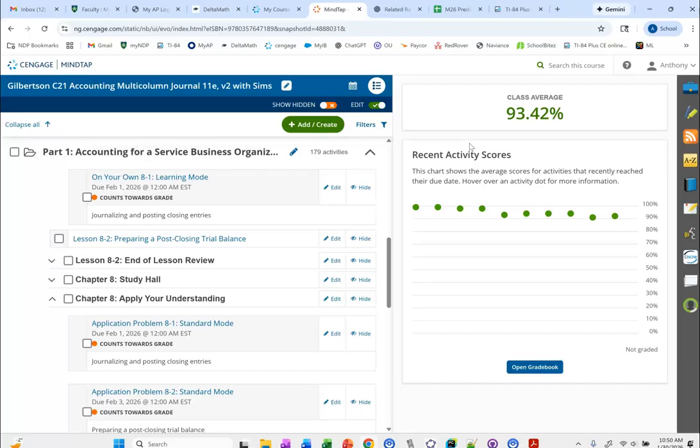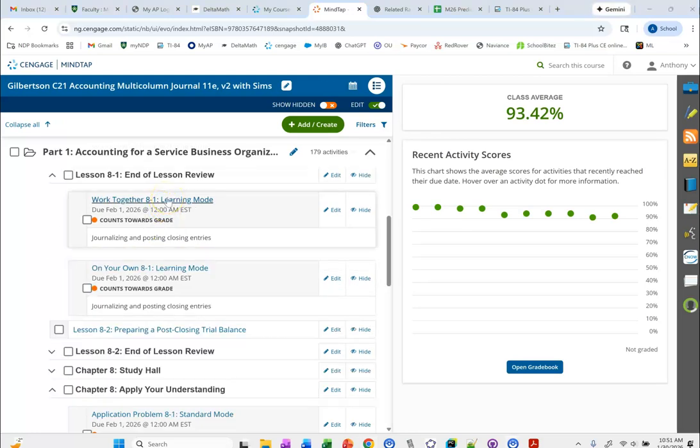You guys have your Cengage open and pulled up? Will somebody check to see if you can now get in? Maybe refreshing. You're refreshing right now to see if that's going to go. Let me know. Yeah, you can get in. Okay. So if you don't have your tablet open and your Cengage up, we're going to pull up the work together here, and we're going to run through that one.